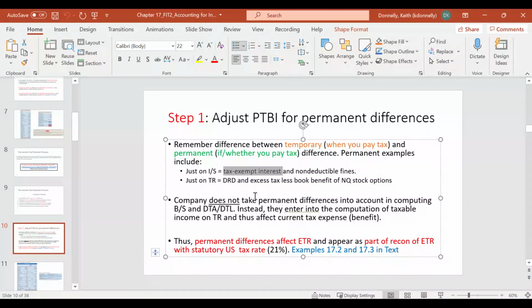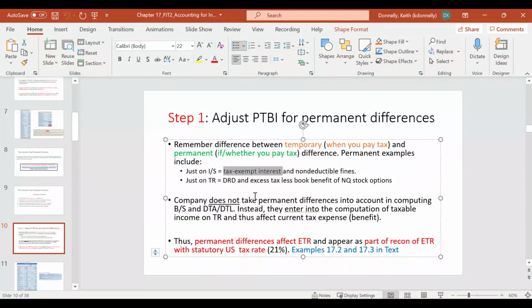In short, when we're talking about our provision and computing our provision, we have to be aware that the company is basically not going to take permanent differences into account when we're computing our balance sheet for purposes of the deferred tax asset and deferred tax liability. Basically, what they do instead is they're going to enter this computation on the tax return, and it's going to be part of current tax expense. So that's the idea with it, with perms, it's part of current tax expense.